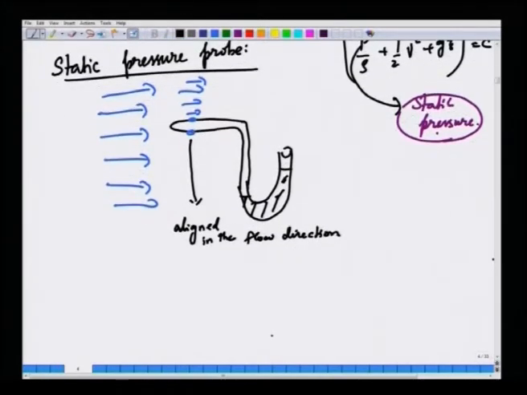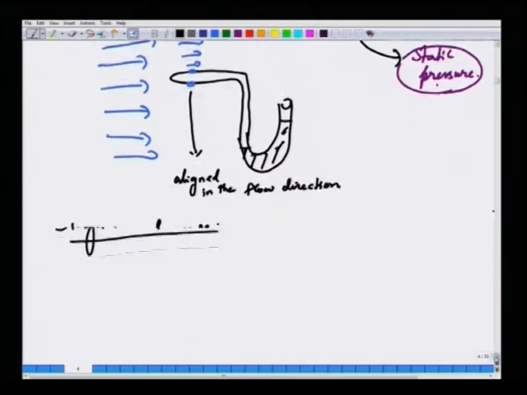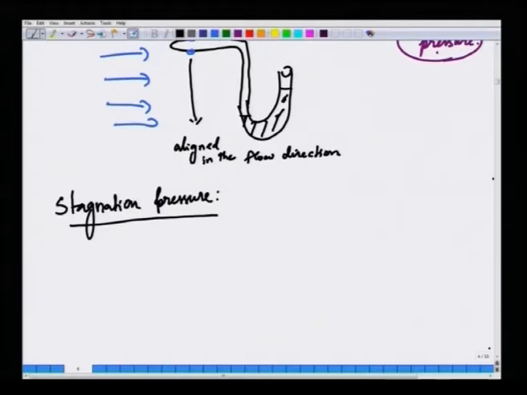Now, another quantity of interest is called the stagnation pressure. Let me explain what this means. The stagnation pressure is that pressure hypothetically, suppose a fluid is flowing along a streamline and you bring it to rest, you decelerate it to 0 velocity by a frictionless process.